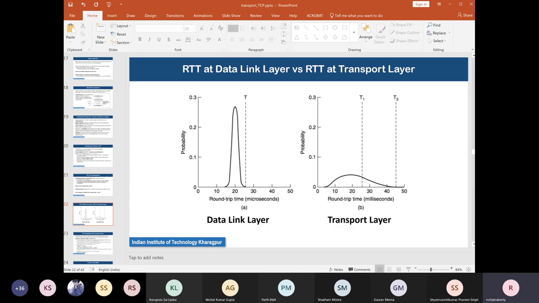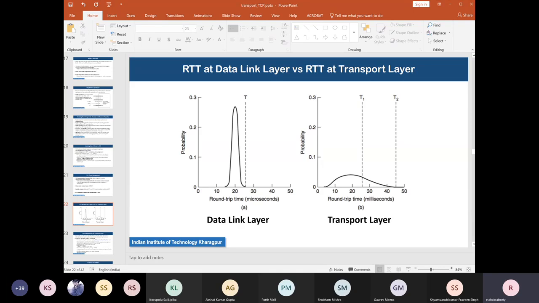Why is that? If you compare the round trip time distribution in the data link layer and in the transport layer, this is the typical distribution. Say the data link layer is implemented as Ethernet 802.11, the wired Ethernet, classic Ethernet that you see everywhere. In the data link layer, the variation of the curve is much less.